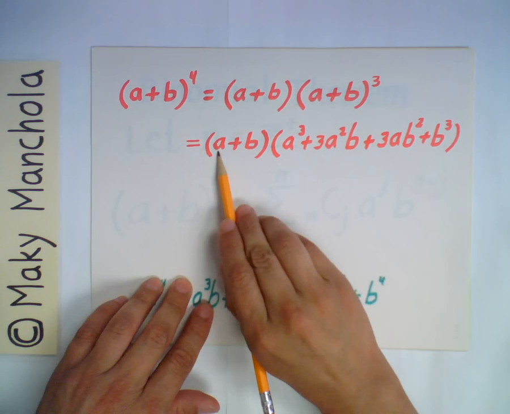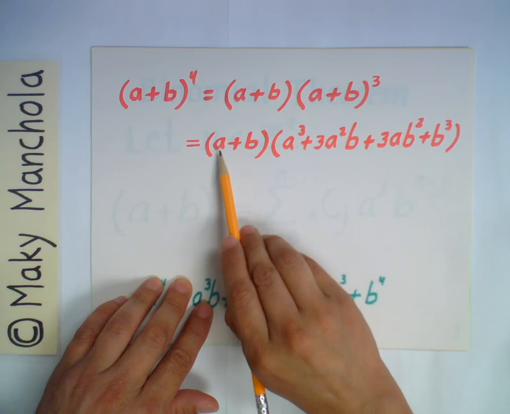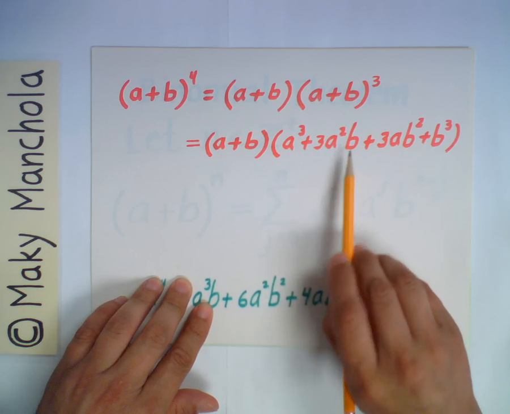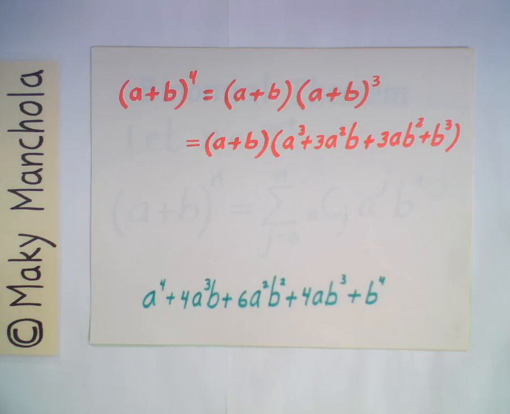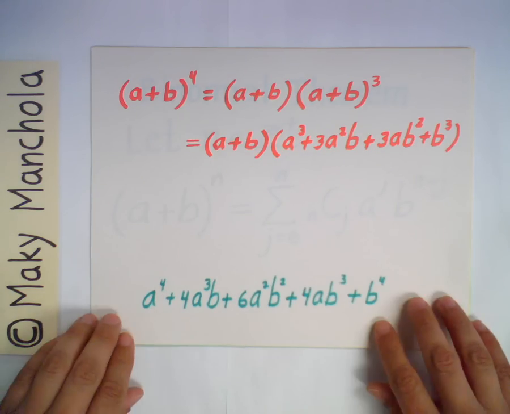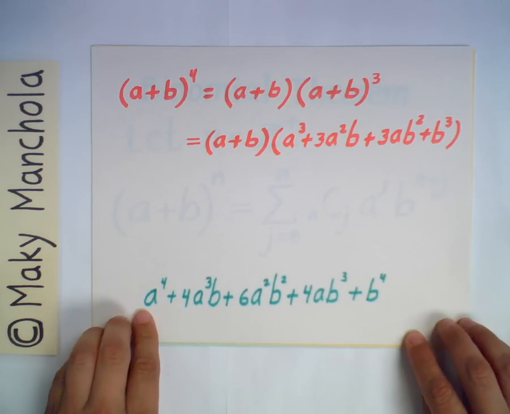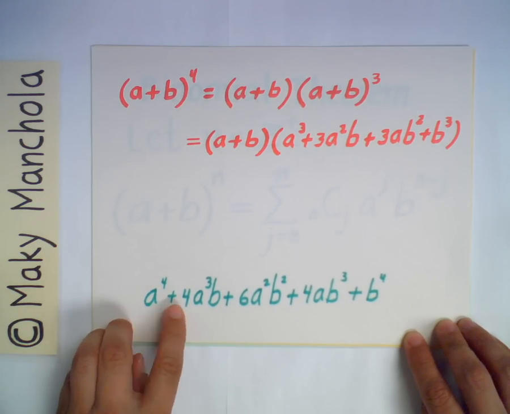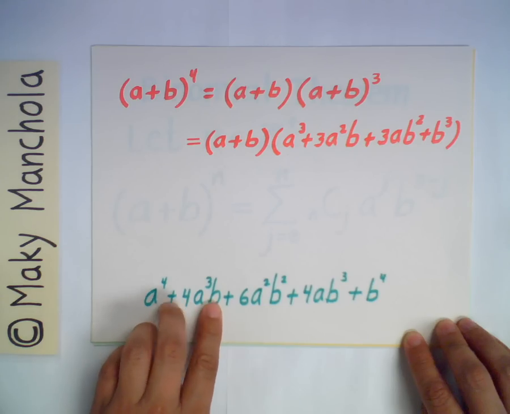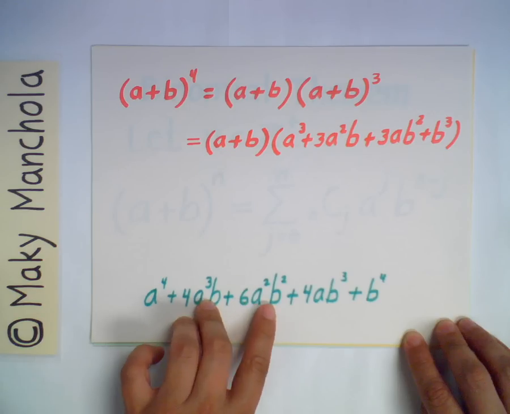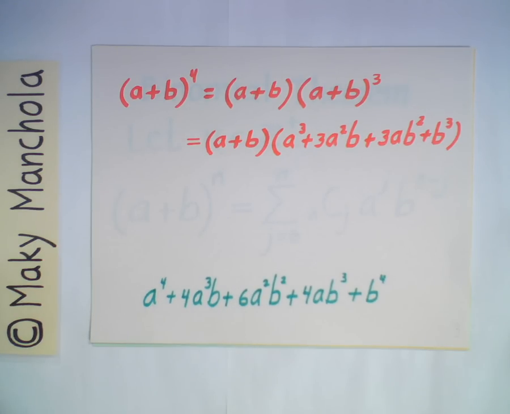So you do a times a cubed, a times 3a squared b, and so on. After spending quite a bit of time, you end up with your result, a to the fourth plus 4a to the third b plus 6a squared b squared plus 4ab cubed plus b to the fourth.